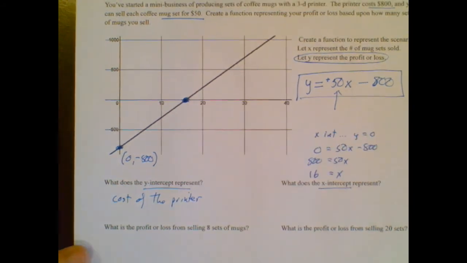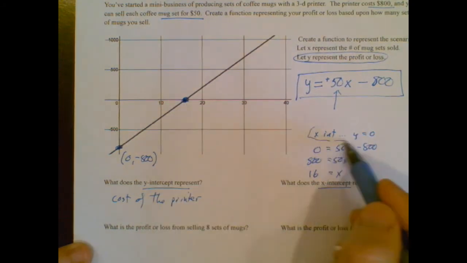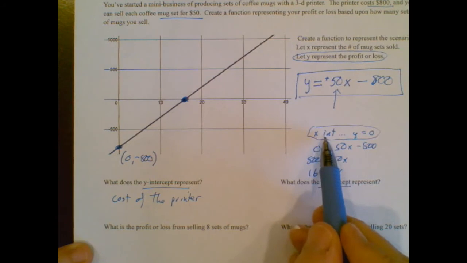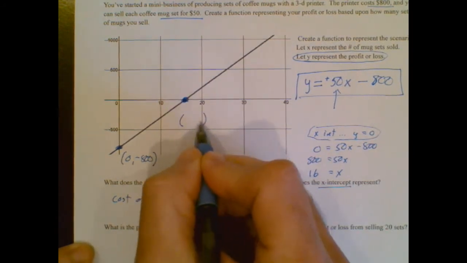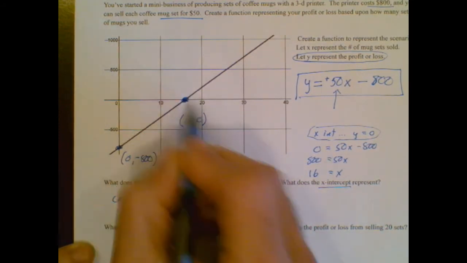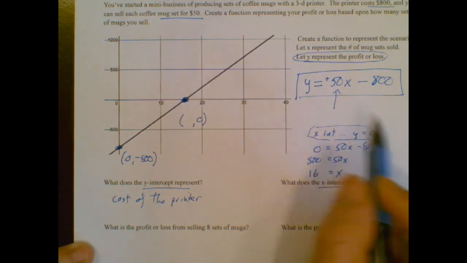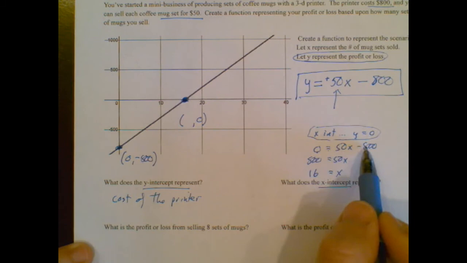Okay, I wanted to figure out what that exact point was. So I used this thing that we learned earlier. Every x-intercept in the entire world has a y value of 0. Because as I look at that point, I know the y value is 0, I just don't know what the x value is. So if the y value is 0, I put a 0 in there. 0 equals 50x minus 800.